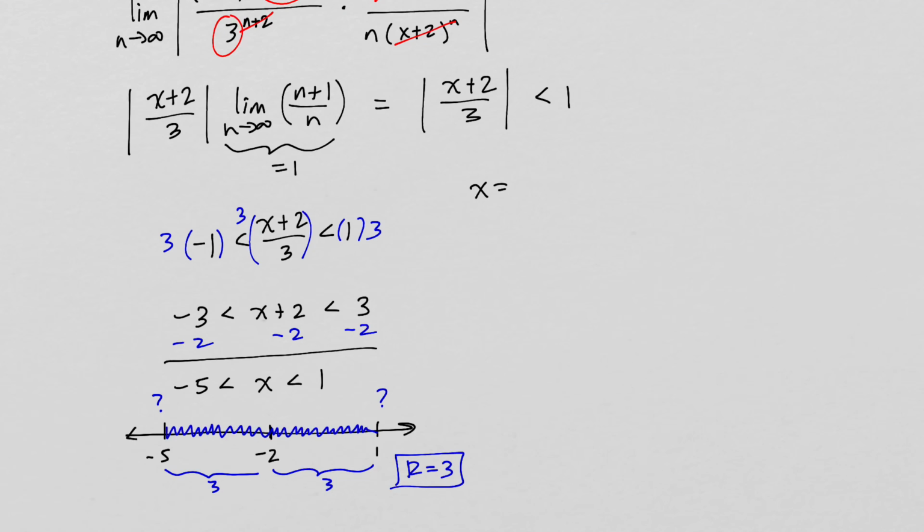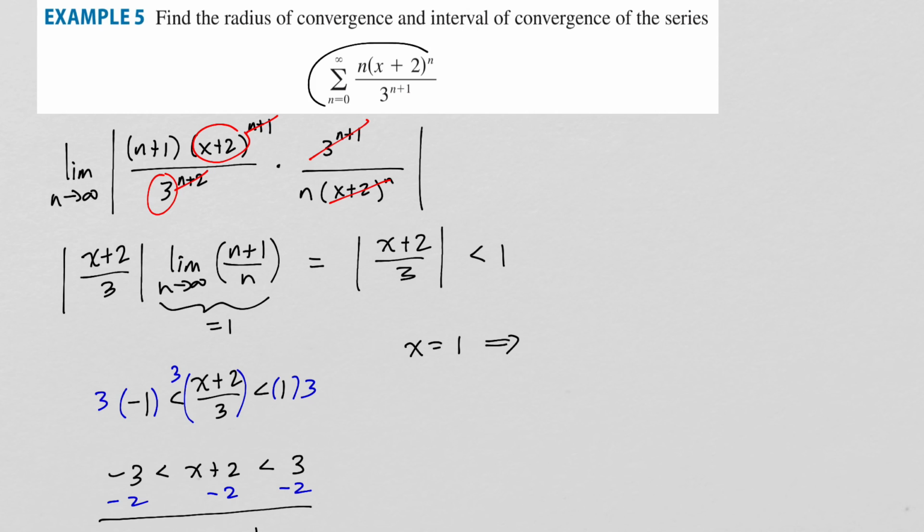So if x is equal to 1, we're going to plug 1 into the original series here, which is going to give us the sum n equals 0 to infinity, n times 3 to the n divided by 3 to the n plus 1. So again, when I plug in 1 here, I just get 1 plus 2 is 3. We get simplification here. This cancels with some of those.